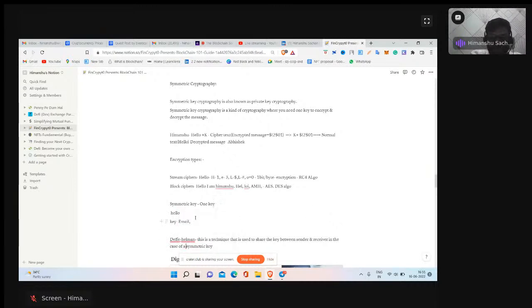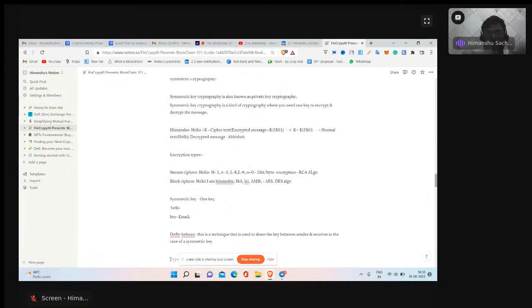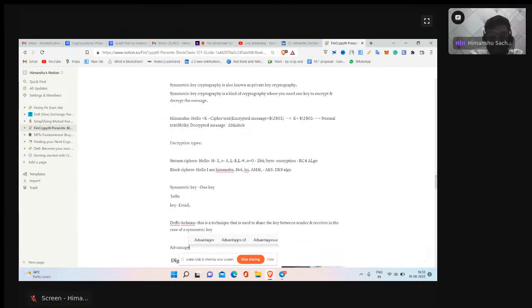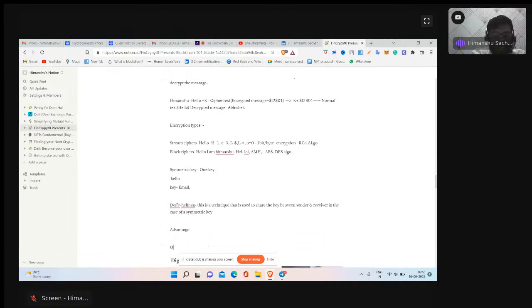Now let's talk about few advantages of the symmetric key cryptography, because if we have certain problems, we have certain advantages that we also have. Okay, now symmetric key cryptography is easy to use, is one of the easiest and fastest cryptography technique.